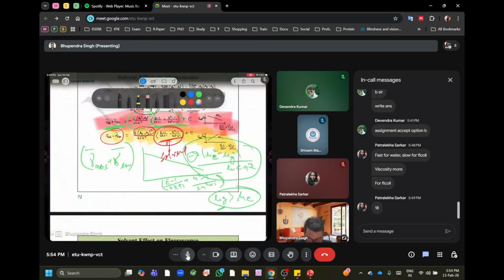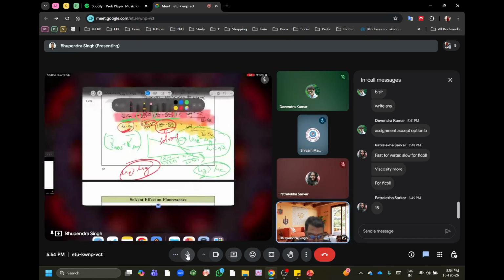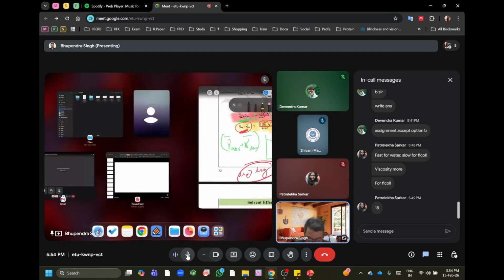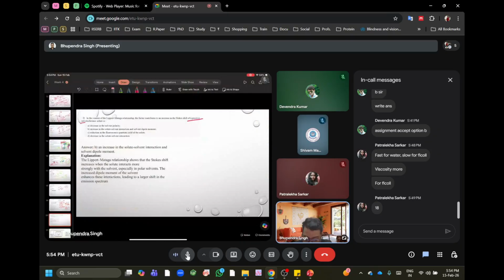So when this will increase, which means that mu E is greater than mu Z. The question is saying about the positive solvatochromic solute, meaning the red shift.